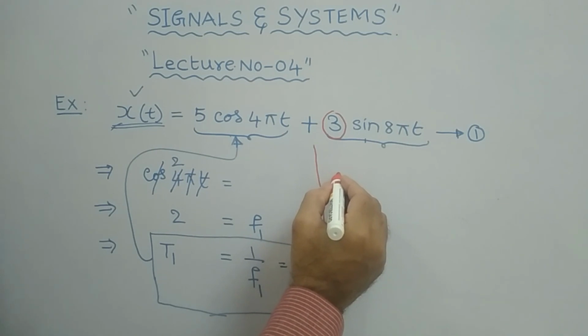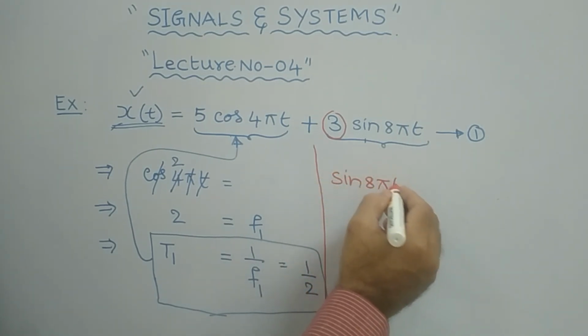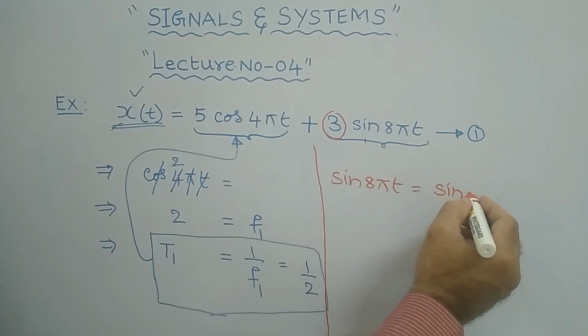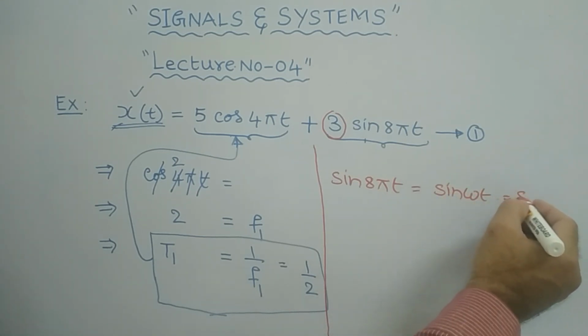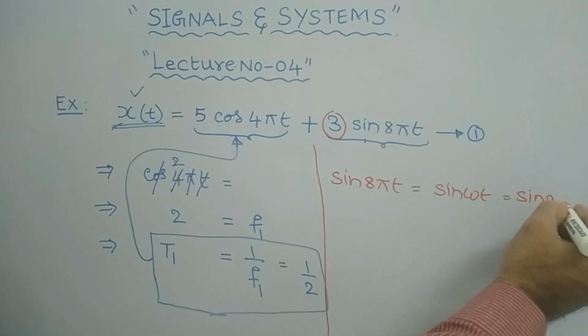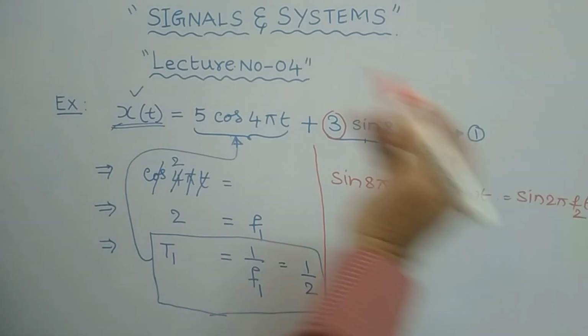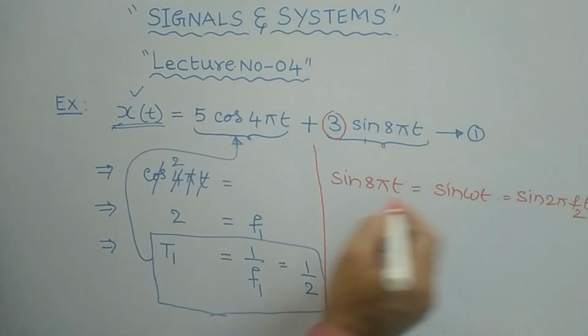I consider only the sine 8 pi t. What is the standard form of the sinusoidal? It is sine omega t, where omega is nothing but 2 pi f t. Here you can take it as f2 for our convenience, because the second portion means the second frequency.